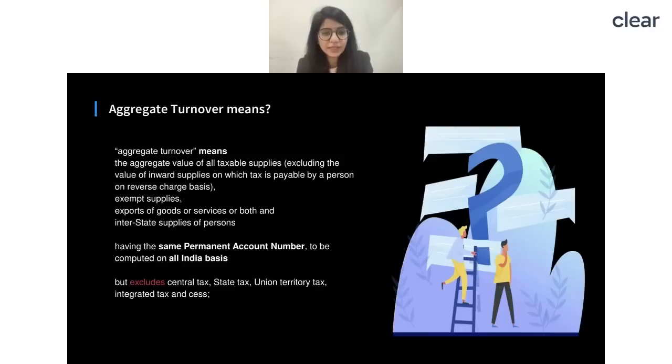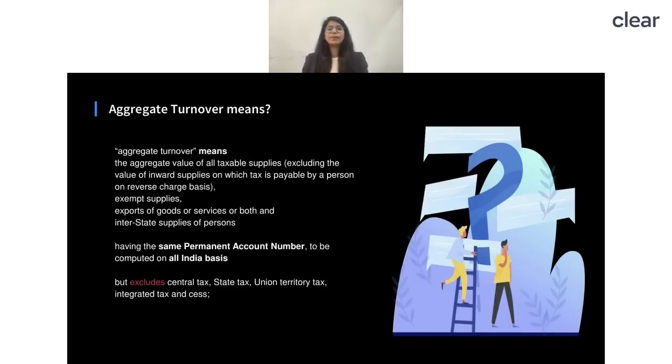It includes your exempt supplies, your export of goods or services, and all your interstate supplies having the same permanent account number, the same PAN. So it has to be computed always at a PAN level, but it excludes your central tax, state tax, union territory tax, integrated tax and cess, which means it does not include the other taxes you have paid under GST. This is what we mean by aggregate turnover.